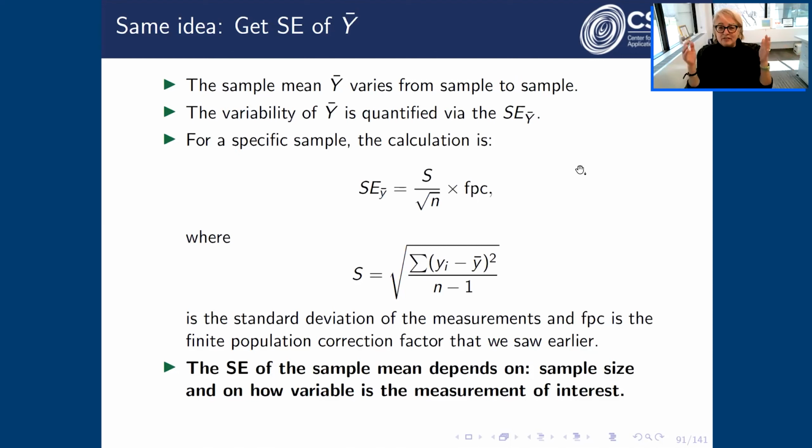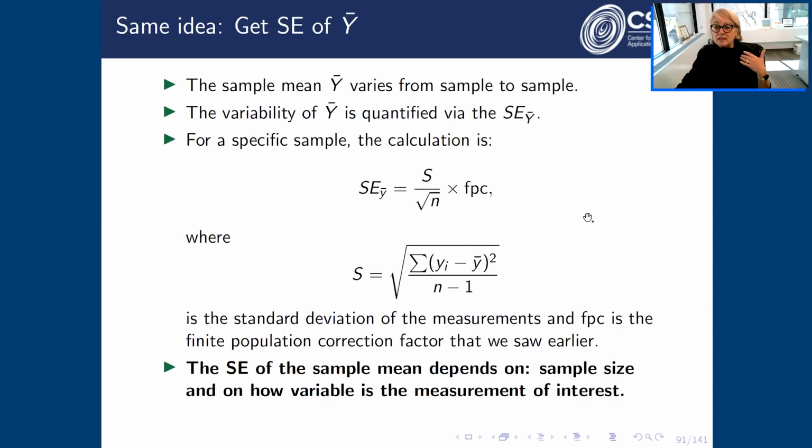If every tablet in the population has more or less the same amount of this substance, then S is low because there's little variability of this attribute in the population. But if these tablets are all over the map, some are heavier, some are lighter, some have more, some have less, then the variability of the attribute in the population, as estimated by S, is going to be larger. Again, there's not much I can do about the natural variability of the attribute in the population.